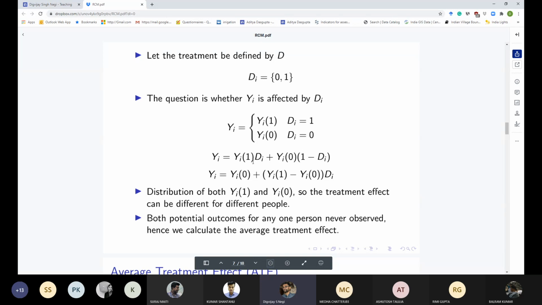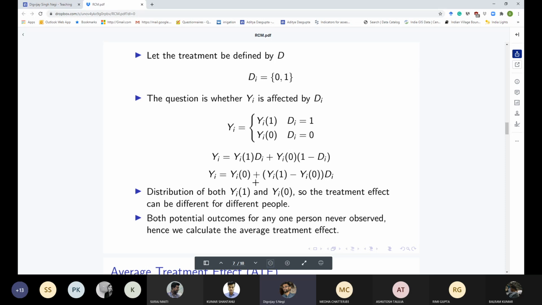Of course, we know that at one point of time only one will be observed, right? But you can write it like this. Both these potential outcomes Yi(1) and Yi(0) will have a distribution. They will be different for different individuals.